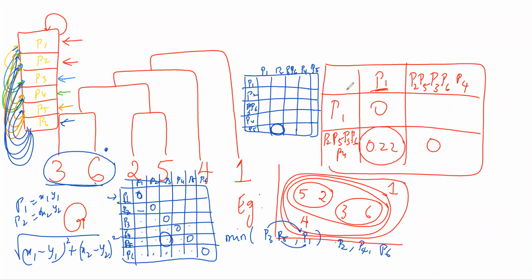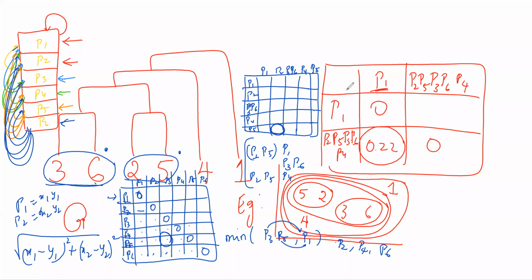From here again I have to check whether there is any other data point close by to this. So again I identify the minimum distance from P2 to P5, from P1 again P2 to P5, with P2 already here. If I go with P3, P3 is already clustered, so it is P3 and P6, again P2, P5 with P4.